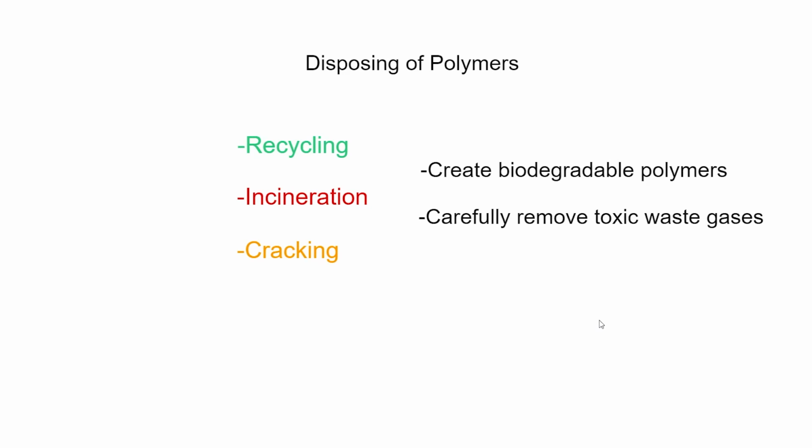That way, we do not have to worry about disposing of them through methods like incineration. However, biodegradable polymers are by necessity not so suited for long-time use, and different biodegradable polymers require different specific means of disposal, which can be expensive.